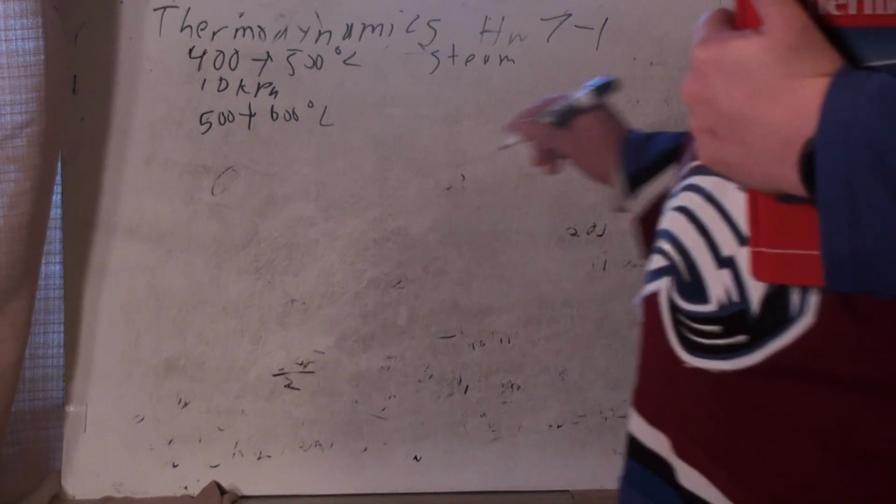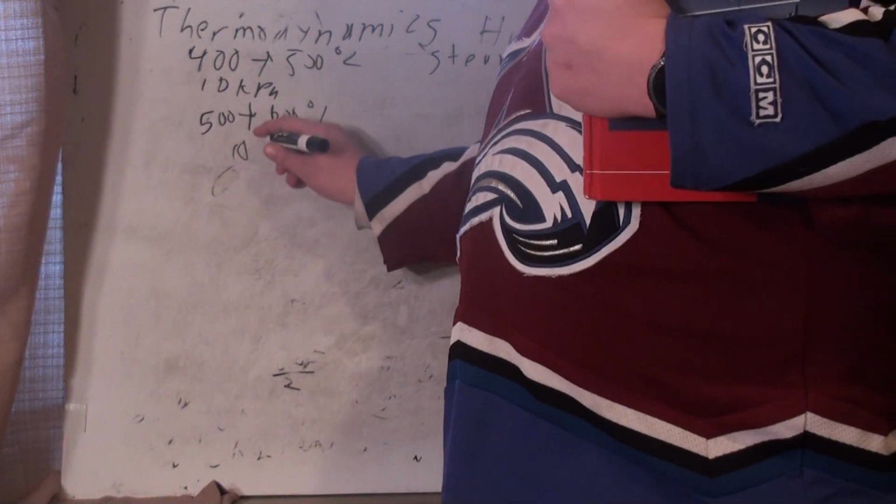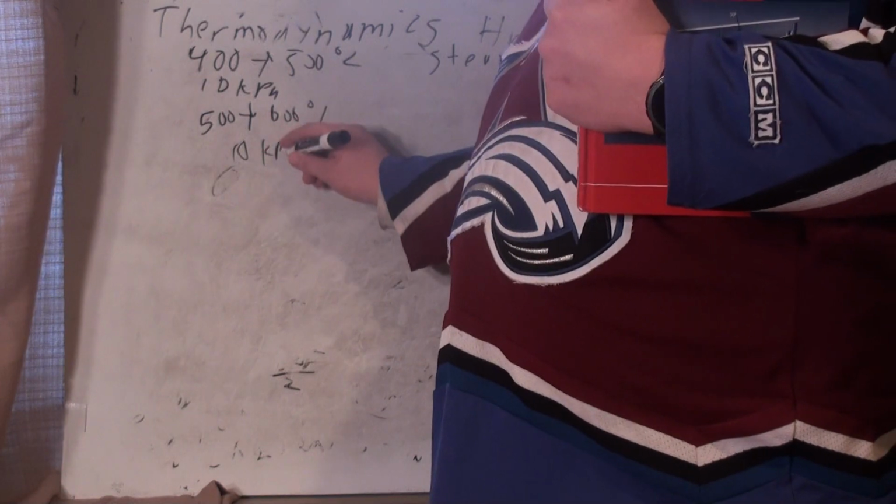So basically we're calculating the difference in steam, either as an ideal gas or as steam, with a constant heat capacity or a non-constant heat capacity. Okay, so pretty straightforward. The main thing is to show how different these can be.